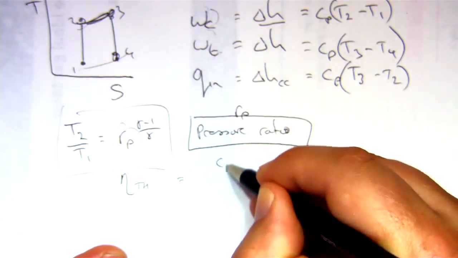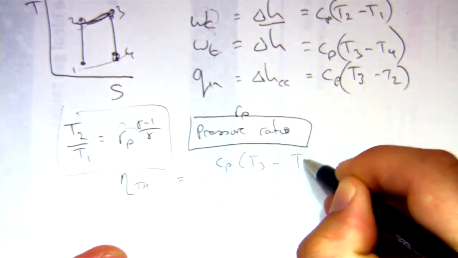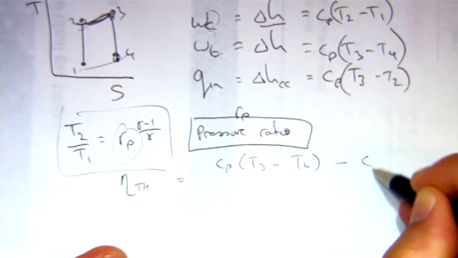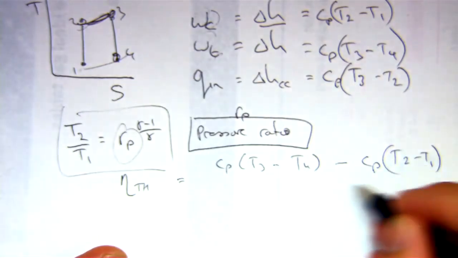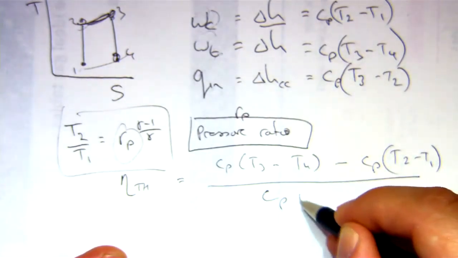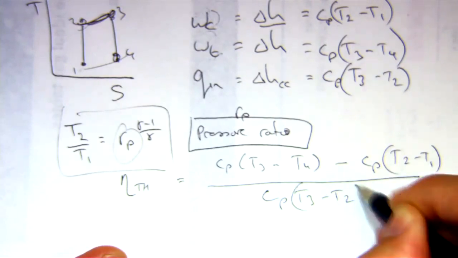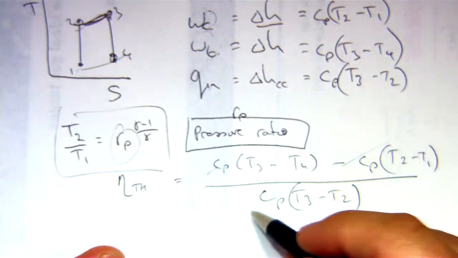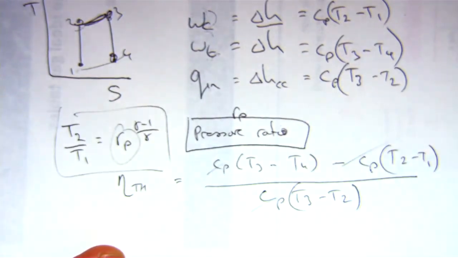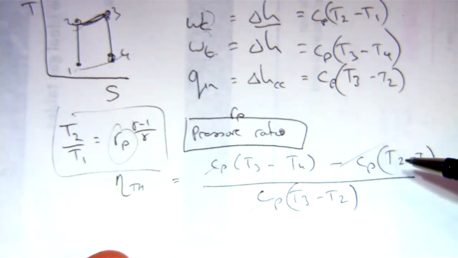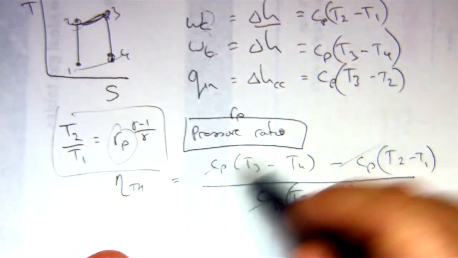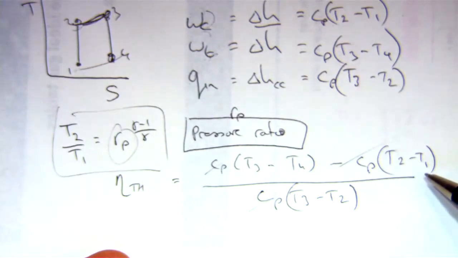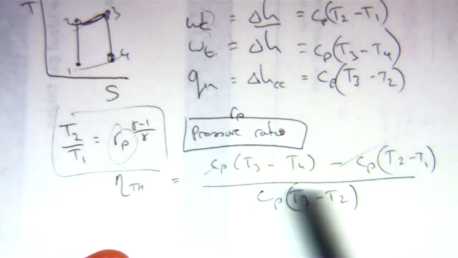If I express this as Cp (T3 minus T4) minus Cp (T2 minus T1), turbine minus compressor, over Cp (T3 minus T2), and I cross out all my Cp's, I now have a pretty messy expression in terms of T. What I need are ways to substitute in here that allow me to break this down to a much, much simpler equation. If I had all my temperatures, I could just plug that in.